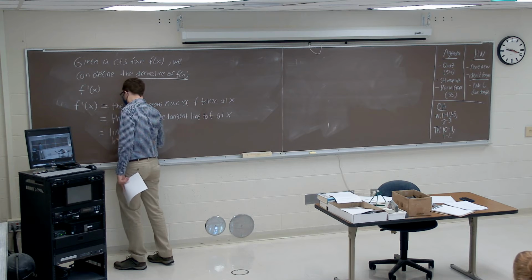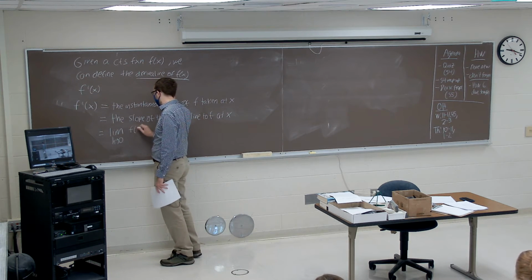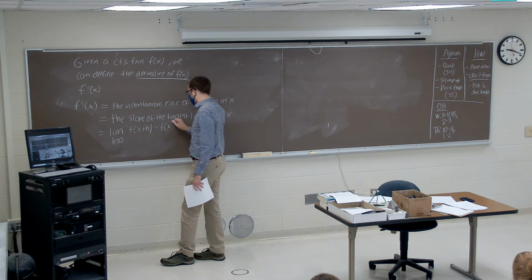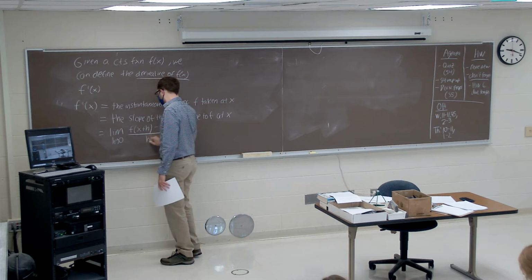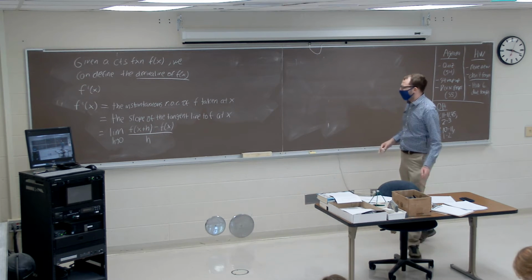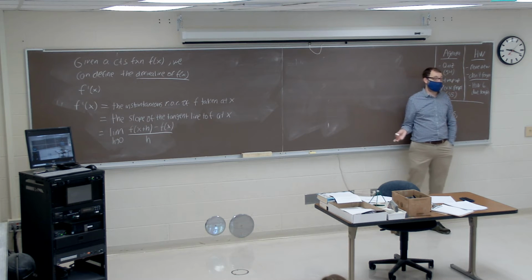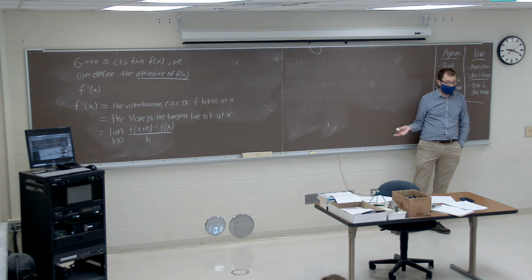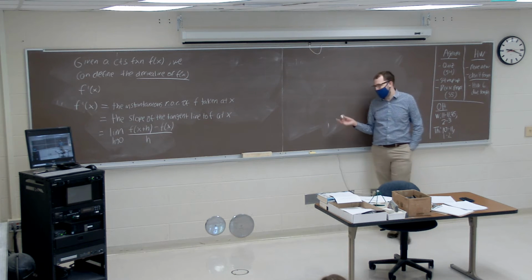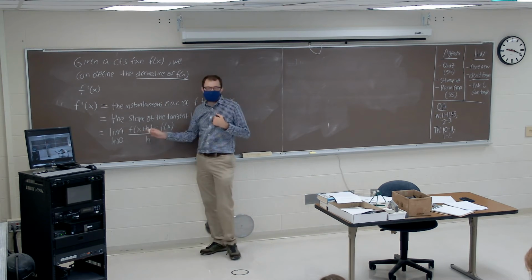In the formula, we're going to have to calculate this. It's going to be a limit as h goes to 0 of f of x plus h minus f of x, all divided by h. Same formula that we're used to working with back in standard 4, except this time, instead of having just a constant value a showing up in our limit, we're going to leave everything in terms of x.